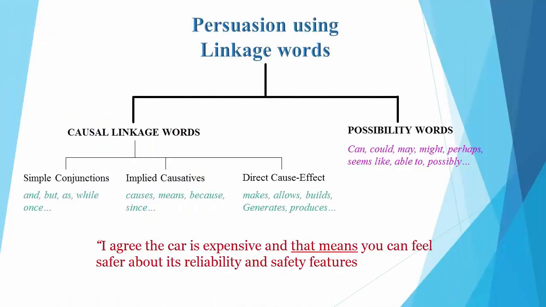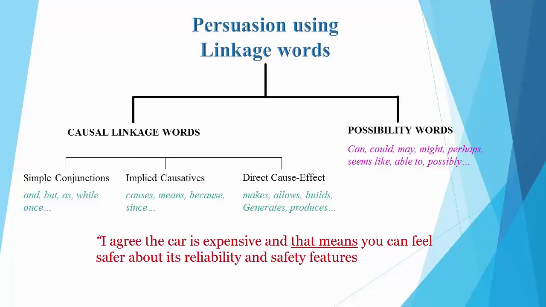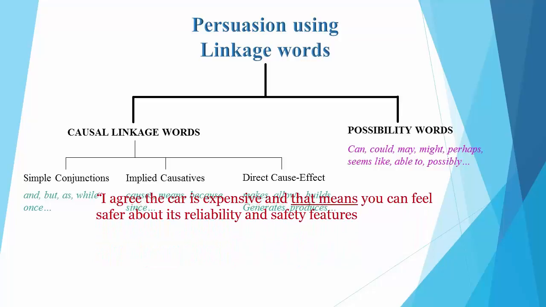Let's take some examples. I agree the car is expensive and that means you can feel safer about its reliability and safety. Now, if I were to say the same argument using a stronger linkage words, how would that sound? Let's see.